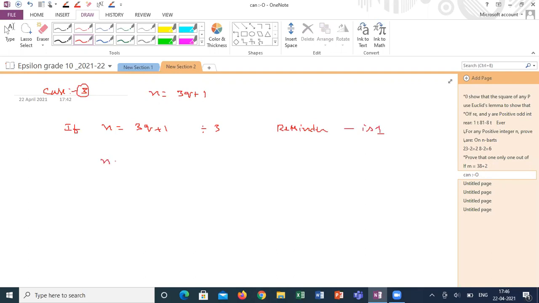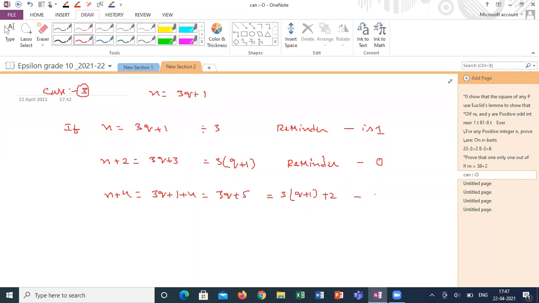For n plus 2, 3q plus 3, this can be written as 3 of q plus 1; the remainder is 0. For n plus 4, 3q plus 1 plus 4, this is 3q plus 5. This can be written as 3 of q plus 1, plus 2. Here the remainder is 2.